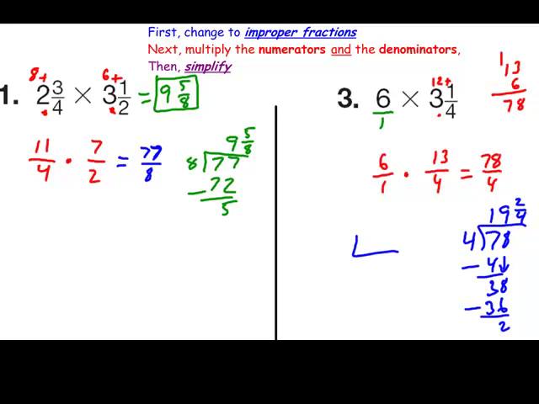Let's put it on the ladder. 2 and 4, the smallest prime number that goes into both is 2. 2 divided by 2 is 1. 4 divided by 2 is 2. So 1/2. So our answer here is 19 and 1/2. When you're simplifying it, don't forget you've got to bring over the whole number too. So 19 2/4 becomes 19 and 1/2.